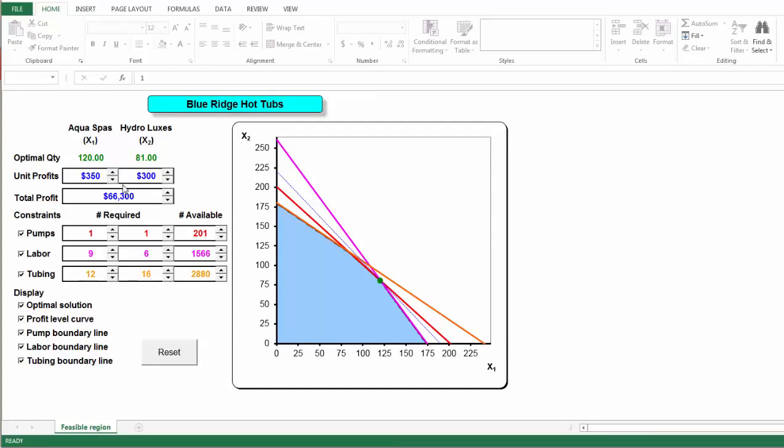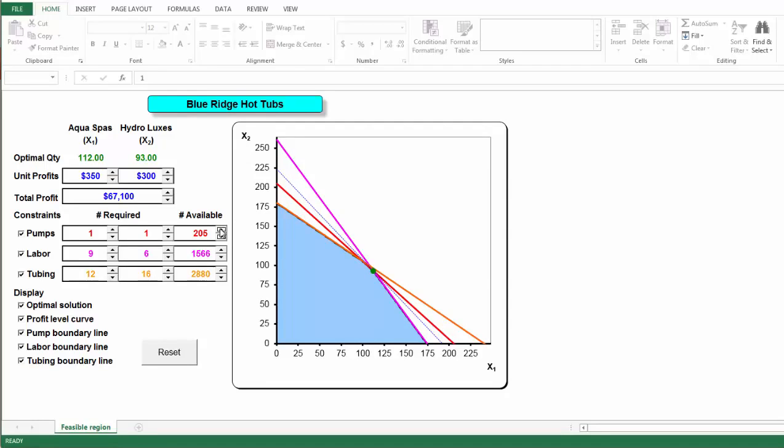Next, how about the allowable increase of pump's shadow price? We know it's 7 from the sensitivity report. To see that, let's add more pumps. 202, 203, 204, 205.